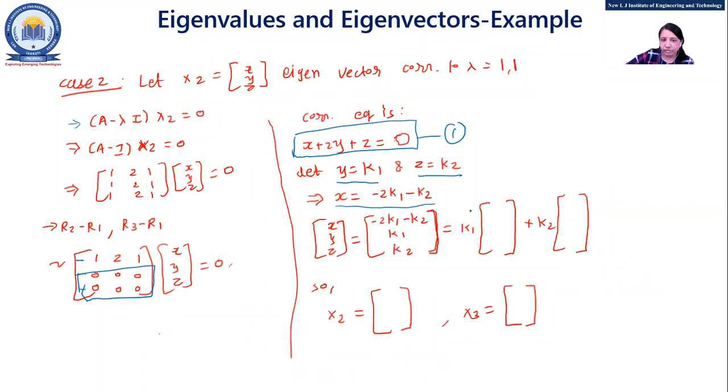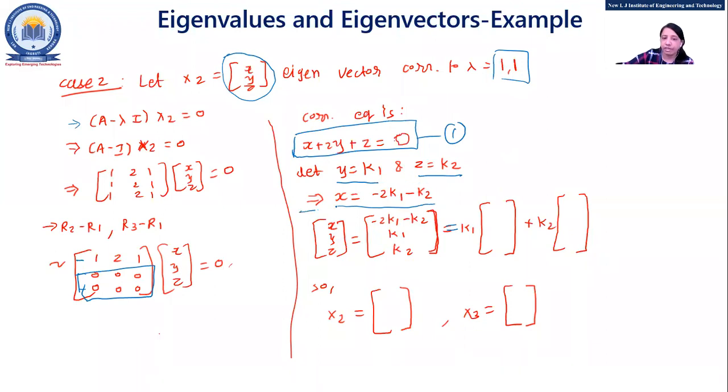Fine. Up to this. Now our eigenvector would be x, y, z. So I have written x, y, z. What is the value of x? Minus 2k1 minus k2. For y it is k1 and for z it is k2. Now two eigenvalues are there, so how are we supposed to write?